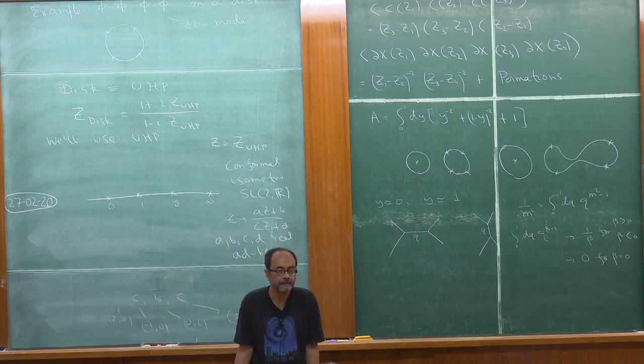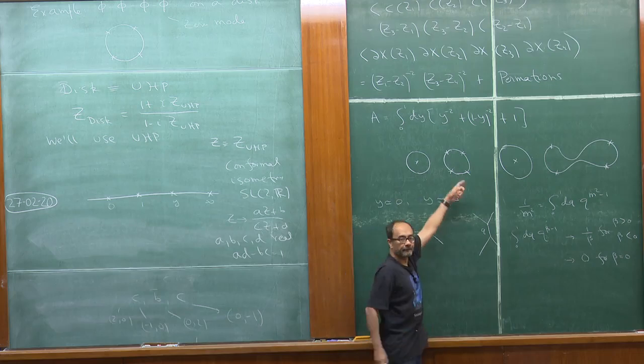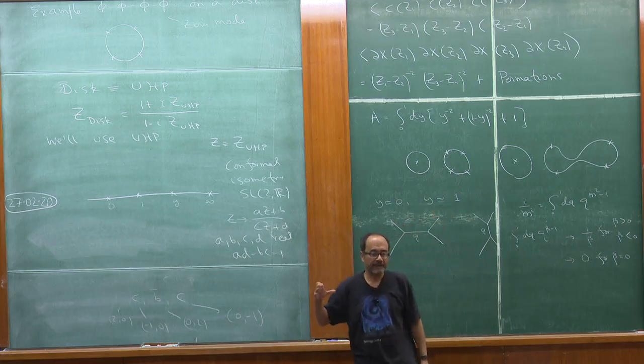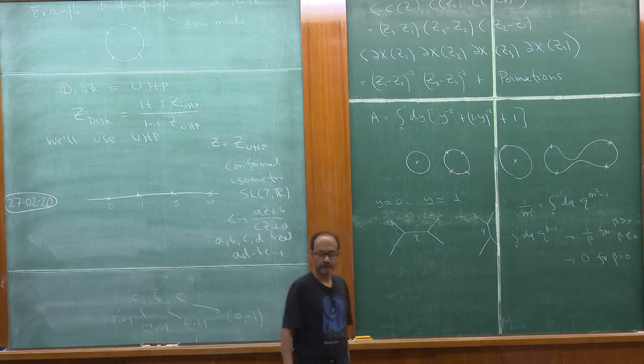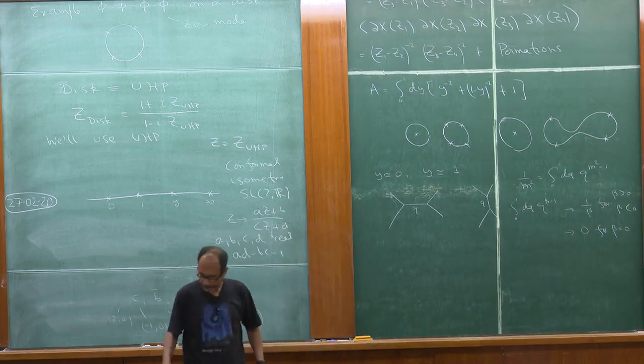There will be a qualitative difference if there are different particles, right? But here, because you have all external states the same, once you get the answer for y equal to 1, the same answer will be valid also for y equal to 0. Okay.